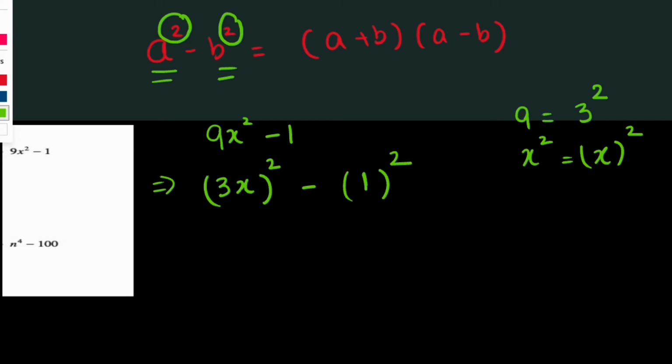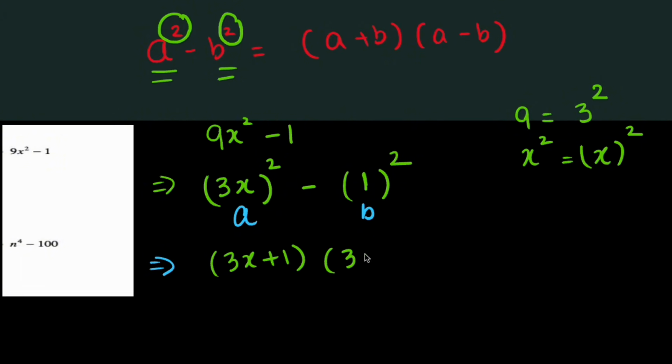Now if you notice the formula above, I have my a and b values. So I can go ahead and convert this into a plus b and a minus b, which would be 3x plus 1 and 3x minus 1. So we have factorized the binomial 9x squared minus 1.